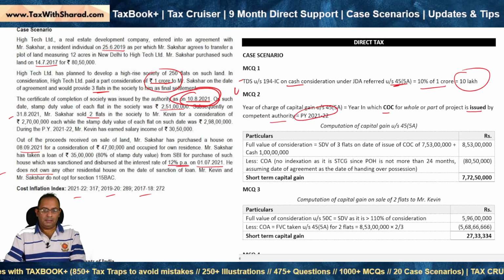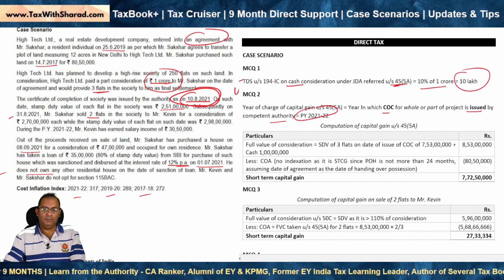In our case, the year of transfer should be the year in which the possession of land has been handed over to the developer. But in the question, the year of possession of land is actually not given. What is given is the date of issue of certificate of completion and the date of entering into the agreement, which is 25th of June 2019.